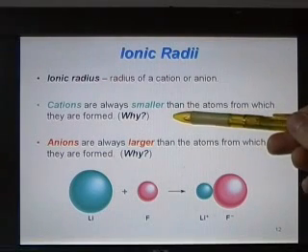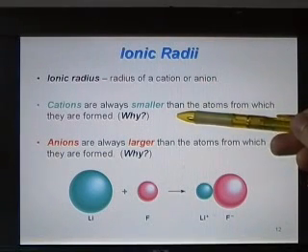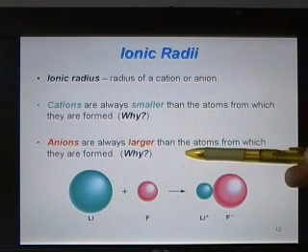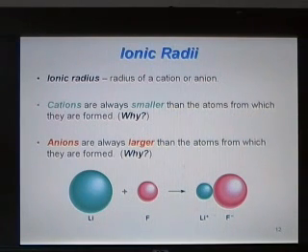Cations are always smaller than the atoms from which they are formed, and anions are always larger than the atoms from which they are formed. Now the question that arises at this point is why? Why are cations smaller than their atoms and anions always larger than the atoms they originate from?